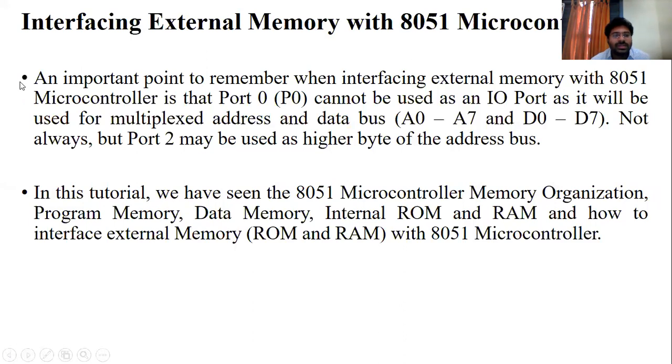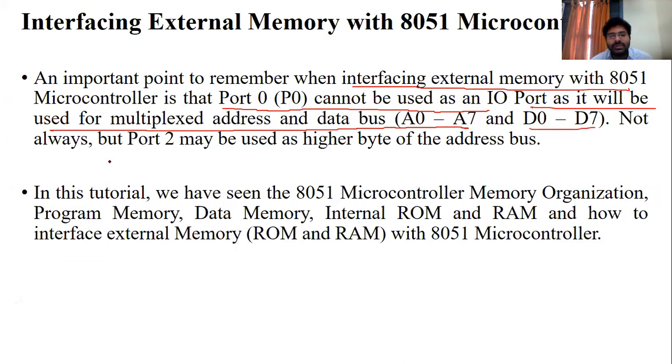Now see this, the last point to remember. When interfacing external memory with the 8051 controller, port 0 cannot be used as an input output port. It is used as the multiplexed address and data bus, A0 to A7 and D0 to D7. Port 2 may be used as the higher byte of the address lines.